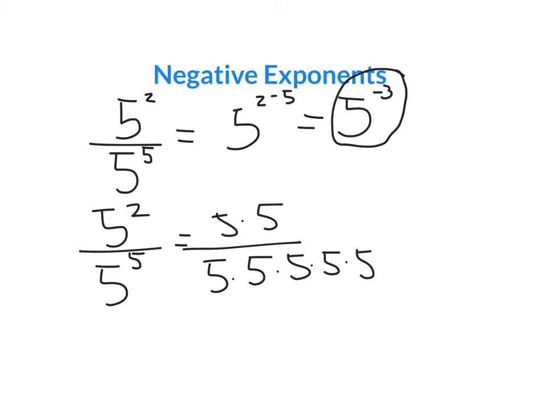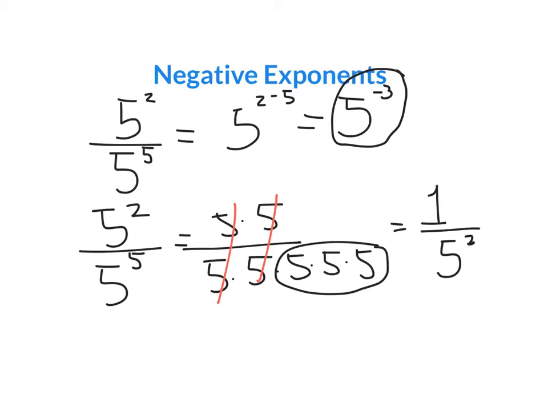So 5 divided by 5 cancels to make 1, and another 5 divided by 5 cancels to make 1. That leaves 5 to the third in the denominator. And since nothing is left in the numerator, there's really a 1 left up there, because we wouldn't put 0, since 0 would make the whole thing cancel out.